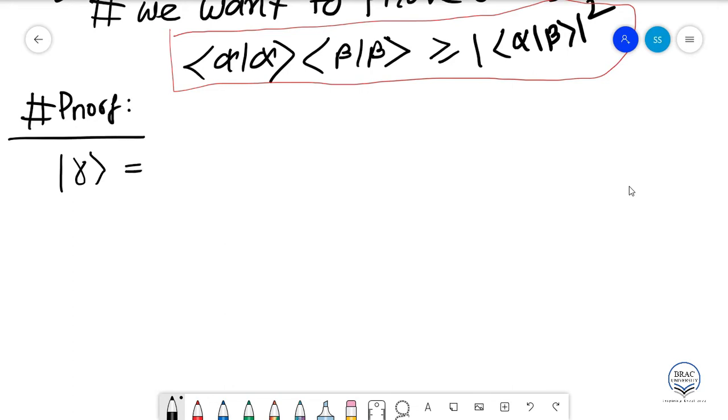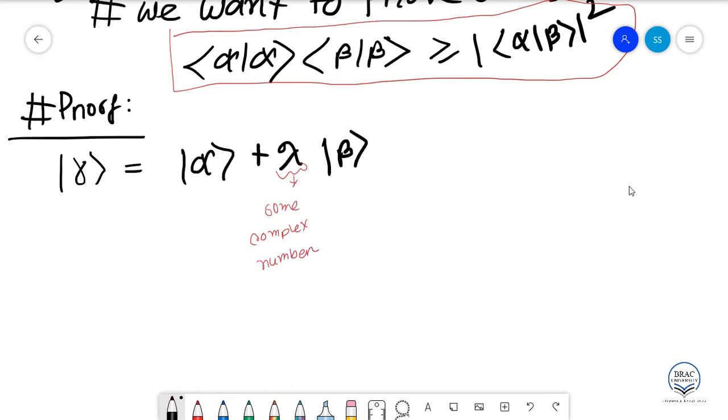Then you take gamma to be alpha plus some complex number lambda times beta, where lambda is some complex number. And we know from our axioms that the inner product of gamma with itself should always be equal or greater than 0.